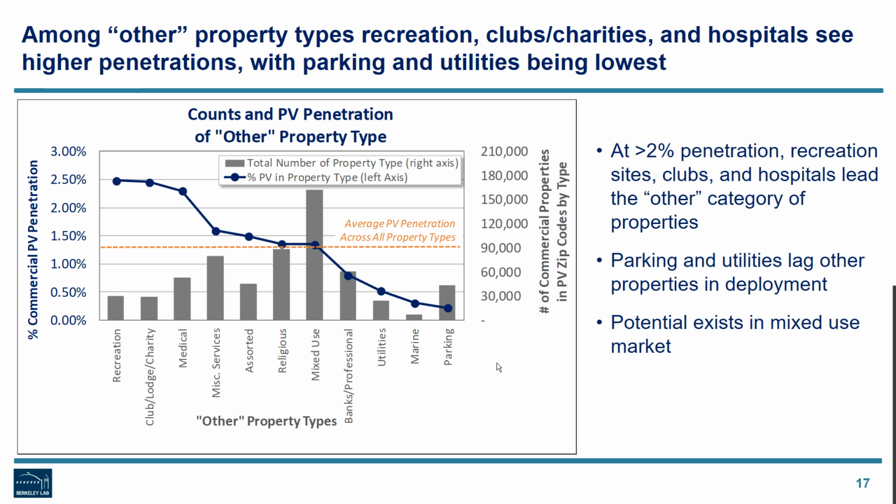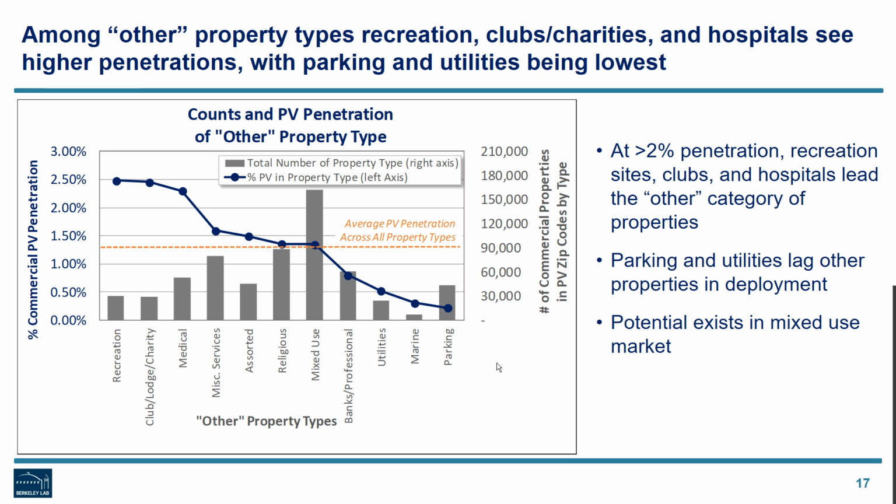They have relatively large roofs compared to some of the other categories here. Maybe that's one of the reasons why they enjoy a higher penetration, but also maybe recreation and the interaction potentially with outdoor spaces might lead those properties to seek development of solar on them to align maybe with their overall business goals.